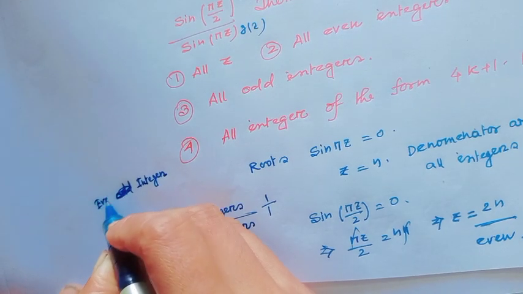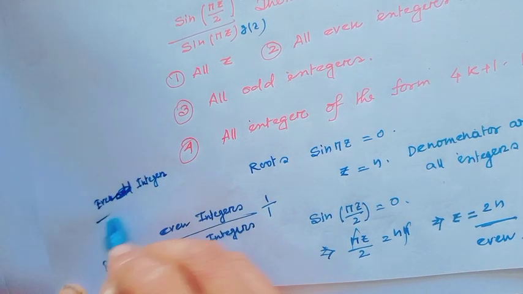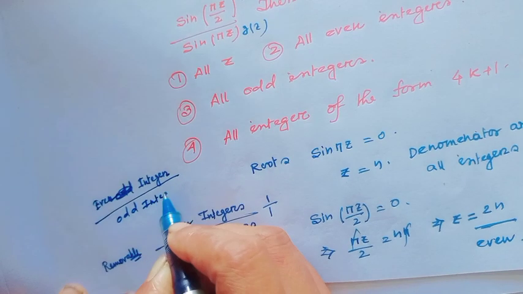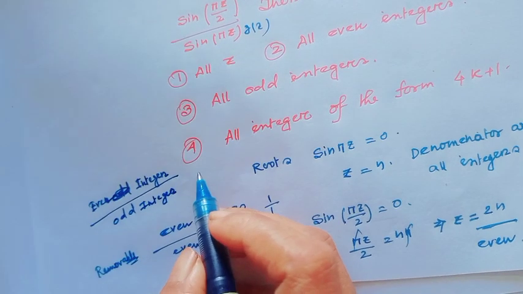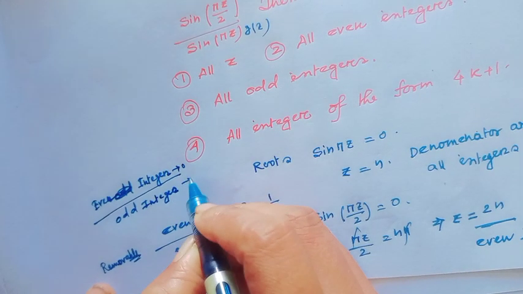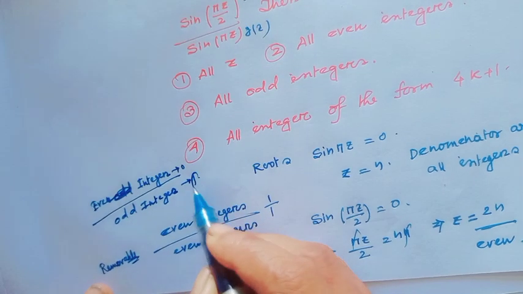And for the numerator at an even integer over an odd integer denominator, this is 0 and this is 1, so a pole exists.